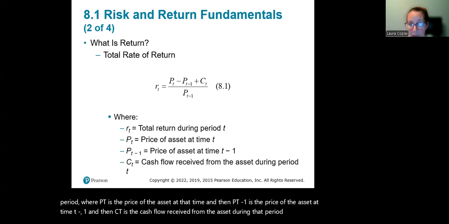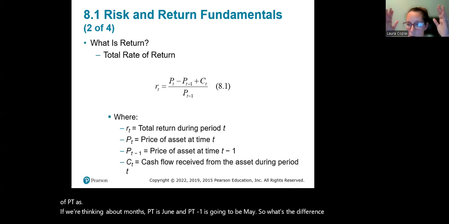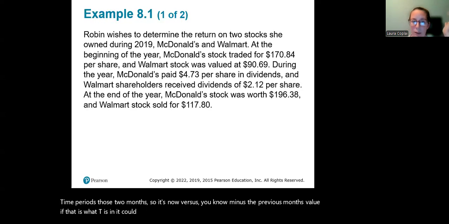Think of P_t, if we're thinking about months, as June, and P_t minus 1 is going to be May. So what's the difference between those two time periods, those 2 months? It's now minus the previous month's value, if that is what t is in. It could be in years as well.